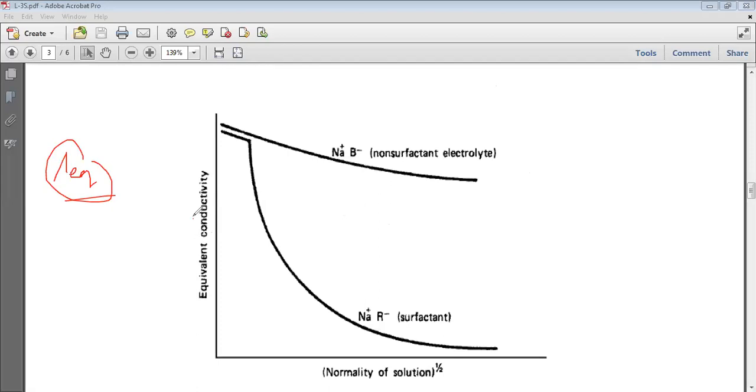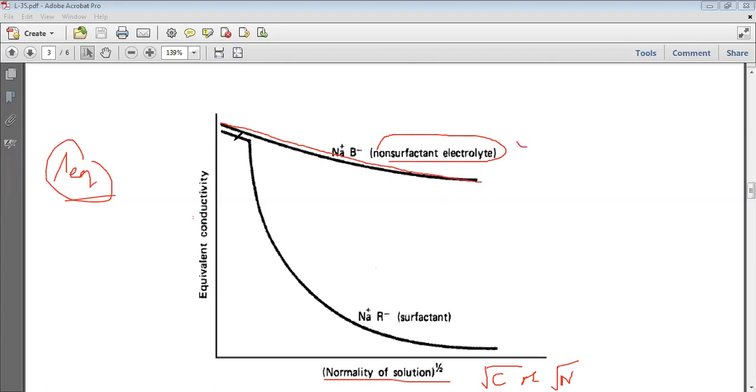So when you plot a graph of equivalent conductivity versus under root of concentration, or under root of normality of the surfactant solution, this is just a straight line decreasing downwards, which is the behavior of non-surfactant electrolytes. That means those electrolytes which are not surface active agents.